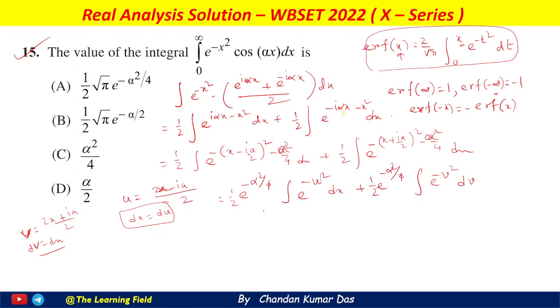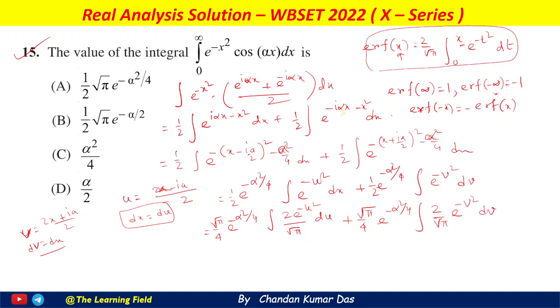Now we put this integration in terms of the error function. We need 2 and 1 by root pi. So this is equal to 1 by 4 exponential minus alpha square by 4 into root pi, and integration of 2 by root pi e to the power minus u square du, plus root pi by 4 exponential minus alpha square by 4 integration of 2 by root pi exponential minus v square dv.